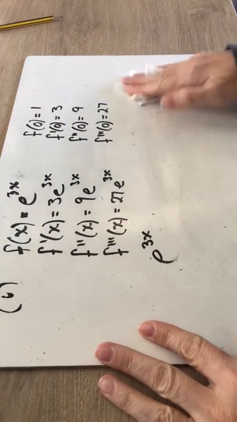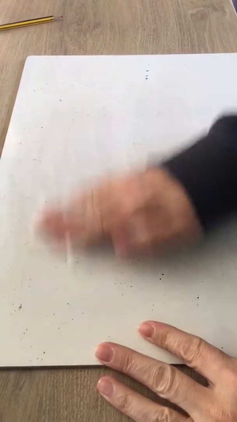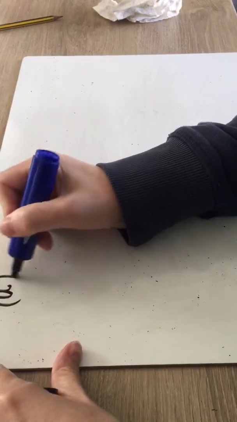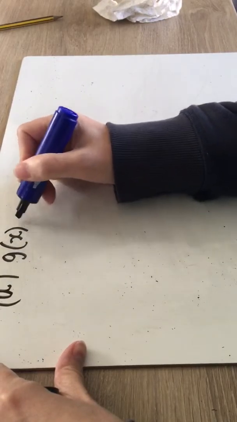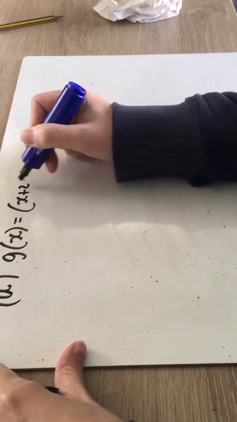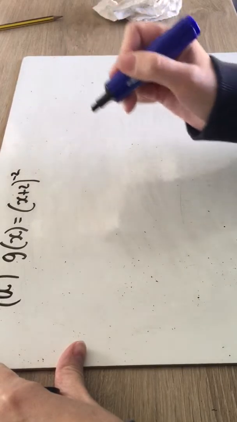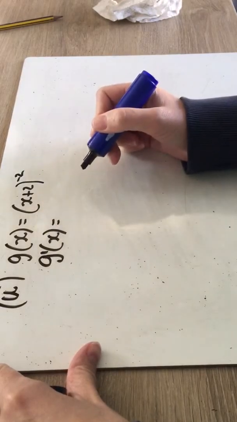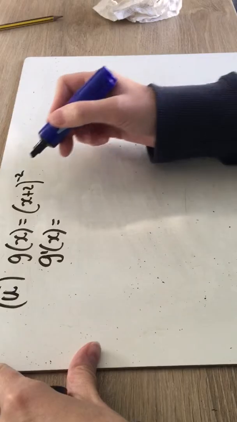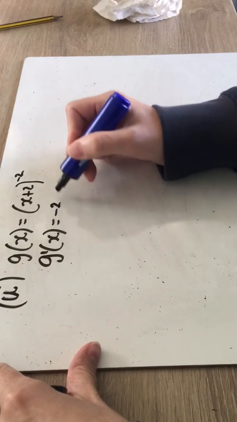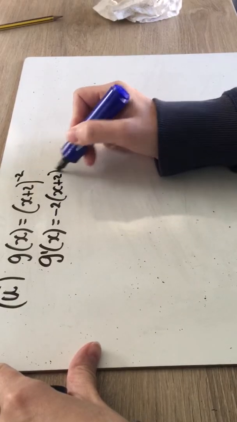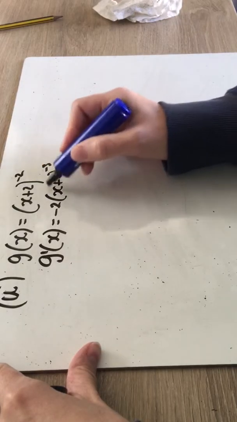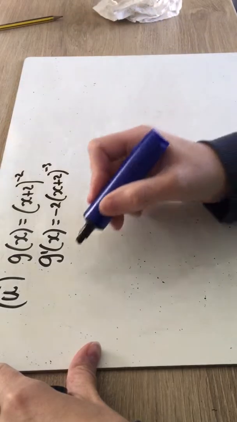So now we need to move on and look at the second part of this question, which is doing the same thing, but this time g of x is x plus 2 to the minus 2. So starting off the same way, we need to find g dash x, or first derivative, and chain rule, minus 2 x plus 2 to the minus 3 multiplied by the differential of the brackets, which is just 1, so we don't need to worry about that.